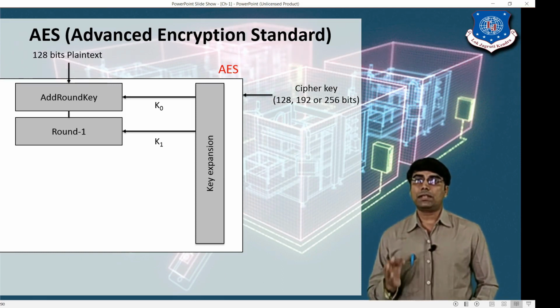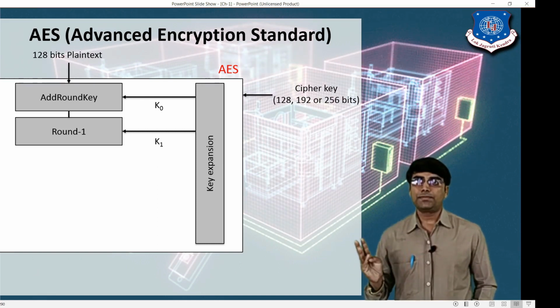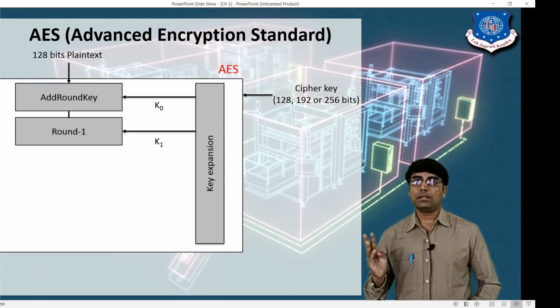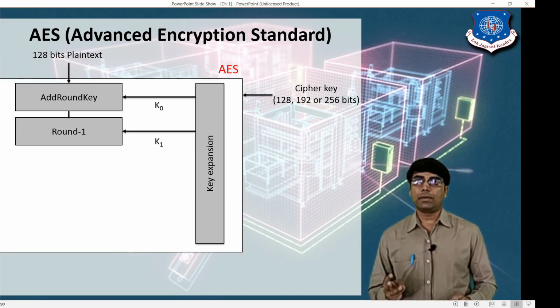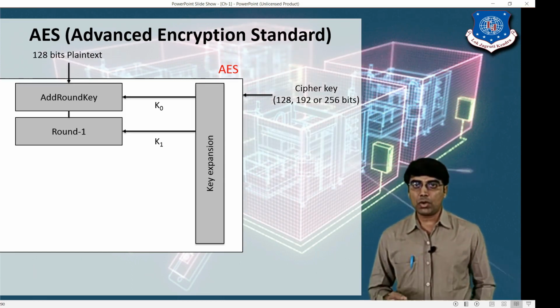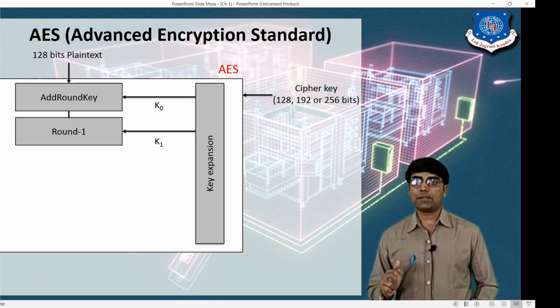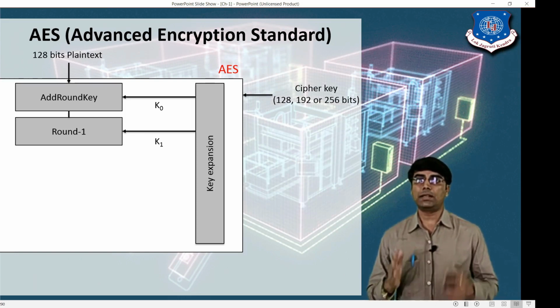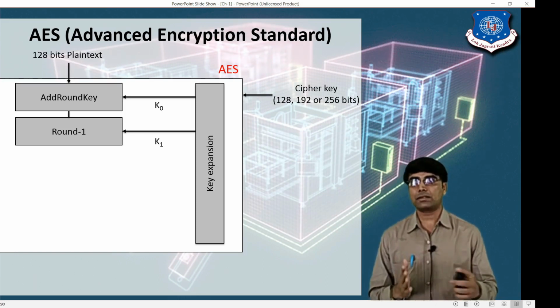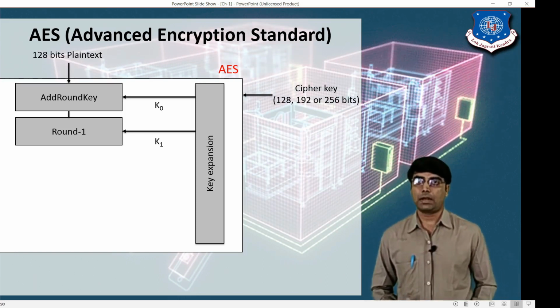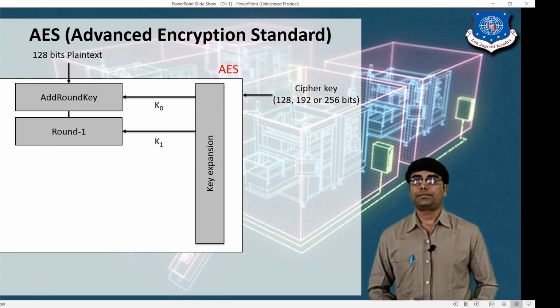The only difference is in round number 10, where only 3 transformation operations are used. The first is sub bytes, then the second is shift rows, and the third is add round key. These 3 transformation operations are used in the last round, round 10.